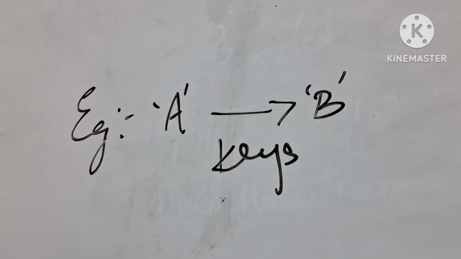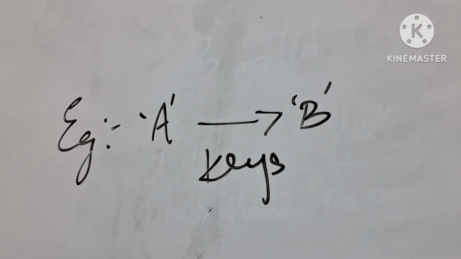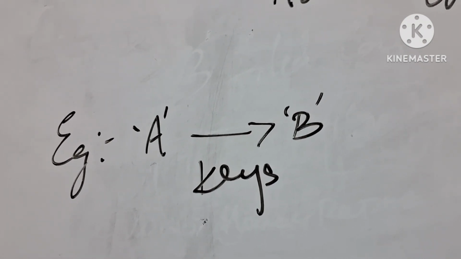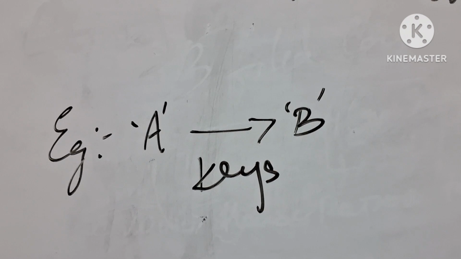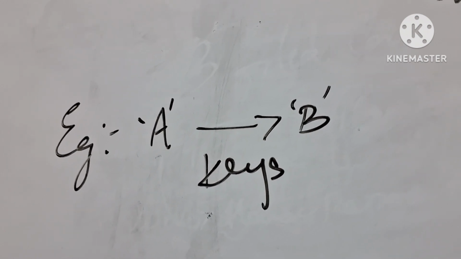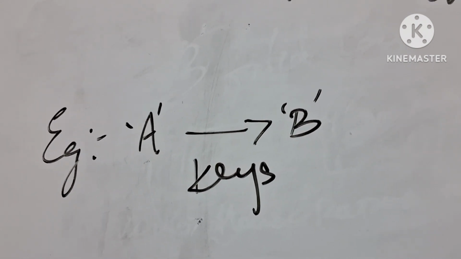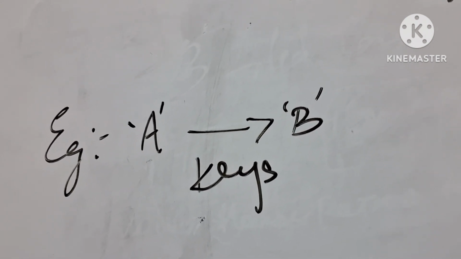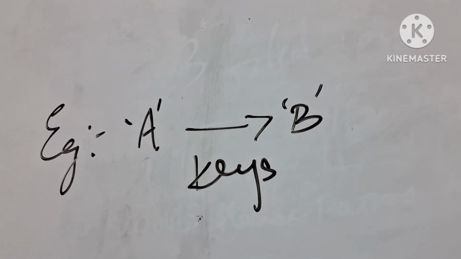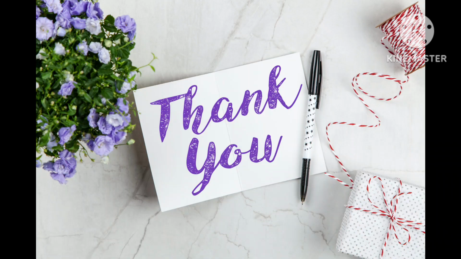So here A is not giving the actual physical possession of the car, which means he is not taking the car and leaving it in the garage of B. He is giving him the keys, which means that now B, being the bailee, has got the possession of the car.